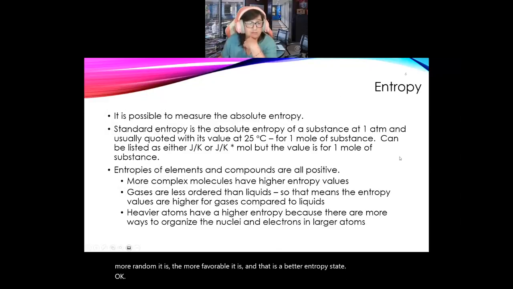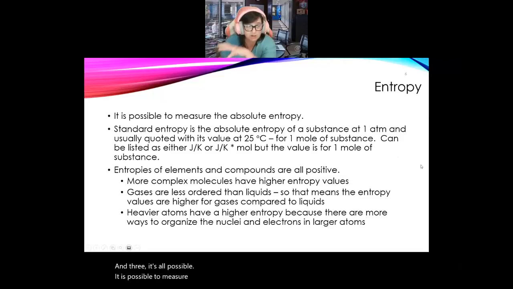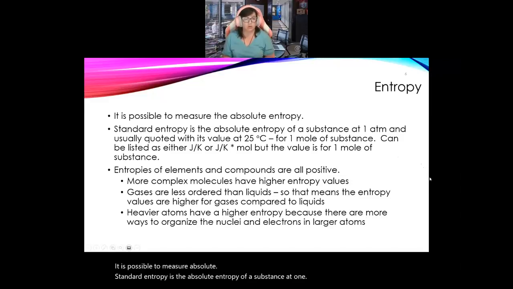Now, it is possible to measure absolute entropy. Standard entropy is the absolute entropy of a substance at 1 atmosphere, and usually quoted with its value at 25 degrees C for 1 mole of substance. It can be listed as either joules per Kelvin or joules per Kelvin mole, but the value is for 1 mole of substance.